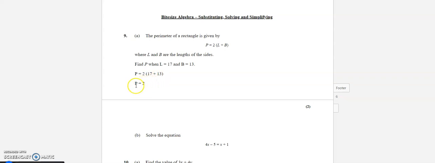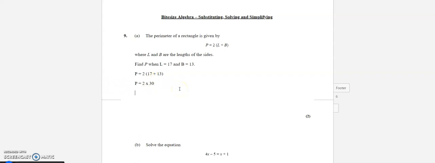So we're going to do P equals 2 times, because remember, if there's no gap there, there's a multiplication in there when we're talking about algebra. So we're going to do 2 times whatever we found in the bracket. In this case it was 30. And then our final line is P equals 60.